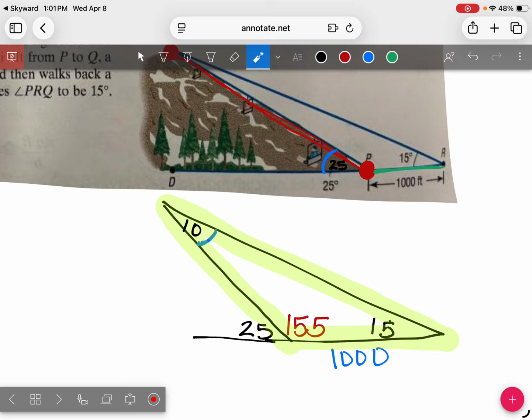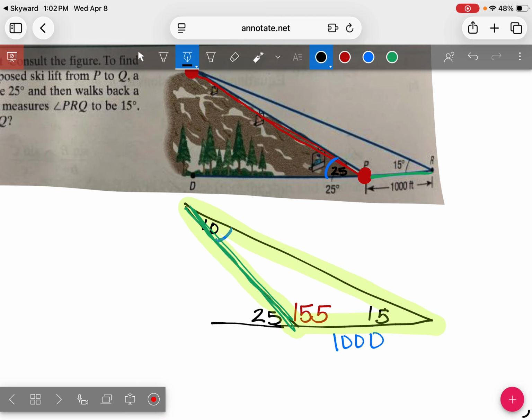So do we have an angle and opposite side? Do I know the measure of the angle opposite of 1,000? What's the measure of the angle opposite of 1,000? 10. And keep in mind, I am trying to find this side right here. So I can set up the law of sines.